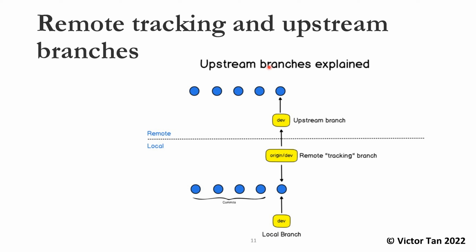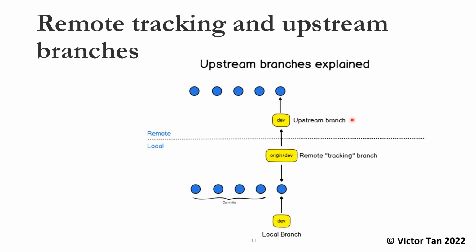Now we clone the entire contents of the remote repository to our local repository, and our local repository will have an exact copy of all the branches that the remote repository has. The branches on our local repository, we call the local branches. For every upstream branch, there is a corresponding local branch, because your local repository is an exact copy of your remote repository.